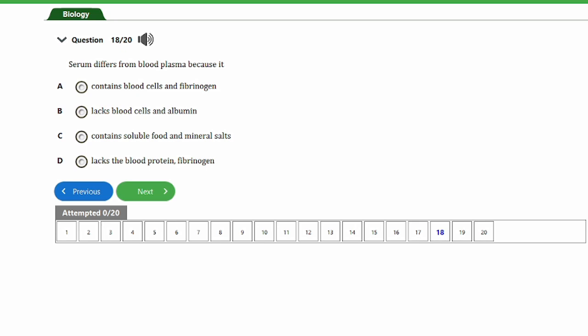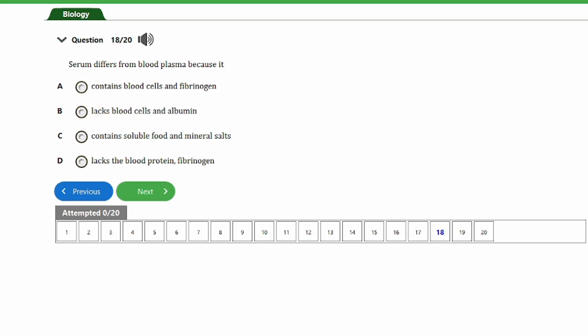So let's look at the next question, and that's question number 18. It says serum differs from blood plasma because it A, contains blood cells and fibrinogen, B, lacks blood cells and albumin, C, contains soluble food and mineral salts, D, lacks the blood protein fibrinogen. So guys, the answer to this question is option D, and that's lacks the blood protein fibrinogen.